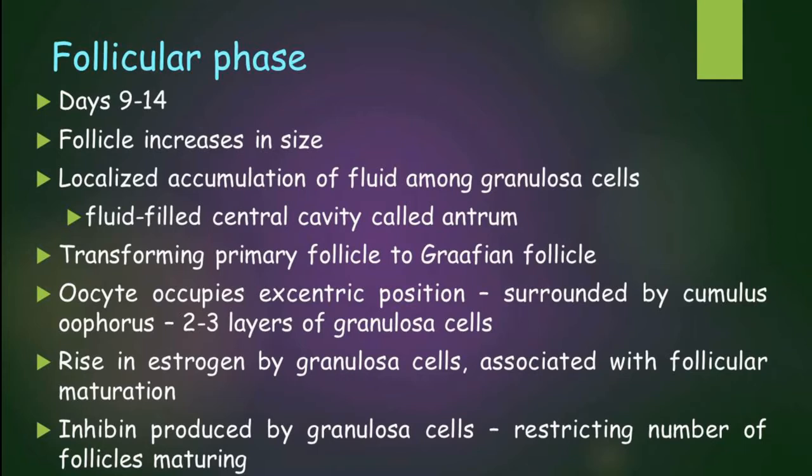The primary follicle transforms to a secondary or Graafian follicle, or mature follicle, and the oocyte occupies an eccentric position, surrounded by 2 to 3 layers of granulosa cells. Any increase in estrogen levels is associated with follicular maturation, and inhibin, which is produced by the granulosa cells, will restrict the number of follicles that are maturing at the same time.